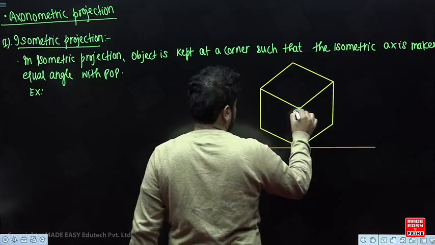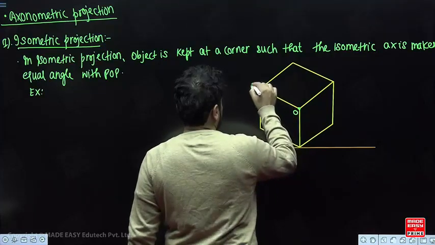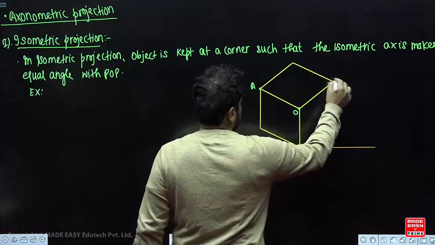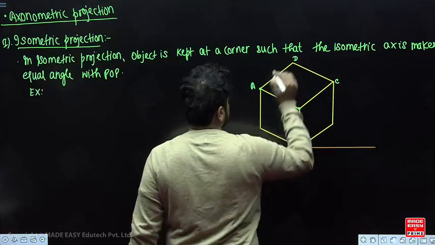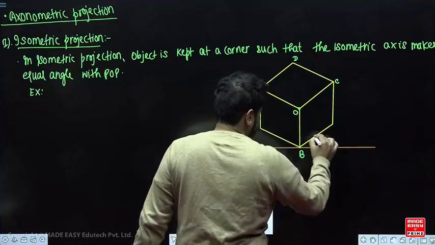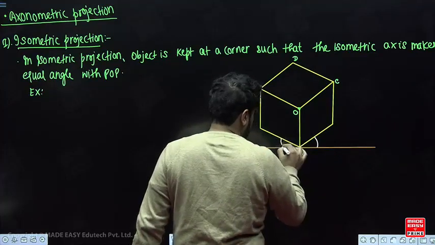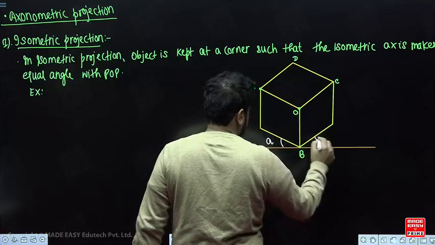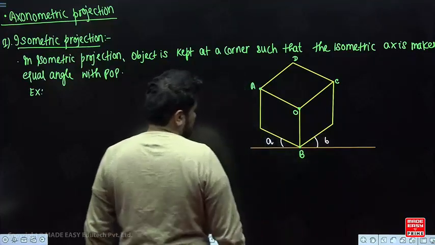So let us call it as O, A, B, C, D, correct? Now what I am saying is that this angle must be equal to this angle. If I consider this angle to be angle A, and this angle to be angle B, right?